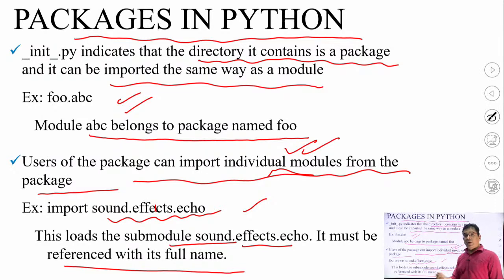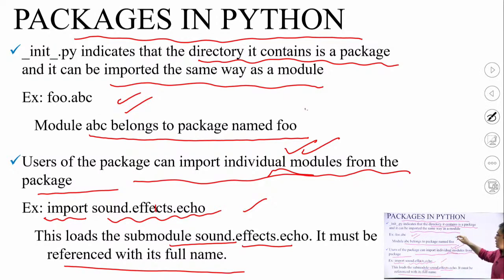This echo can be a Python source file. This echo can be a package or sub package. This echo can be a sub module or module. So the user of the packages can import individual modules from the package, and with the import keyword you need to take care. This import is a reserved word or a keyword which is used to import a package sound.effects.echo.